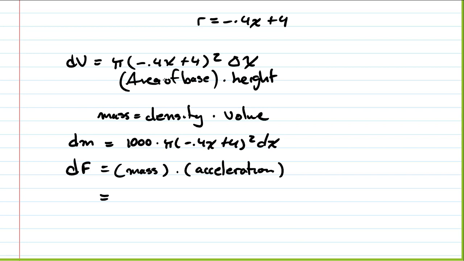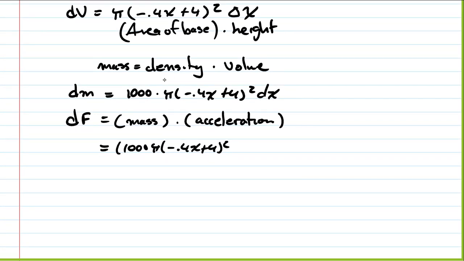So we have our mass, which is what we just calculated: 1,000 pi times negative 0.4x plus 4, squared, times our acceleration. And what's our acceleration due to gravity? That was our 9.8 meters per second squared, dx. So now finally we're at force. So to find our work, what do we do?